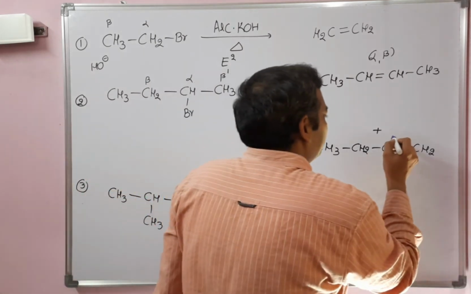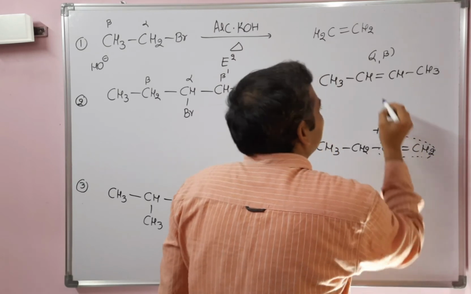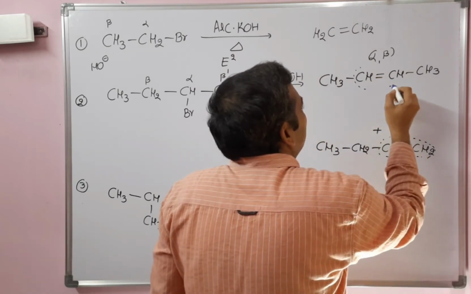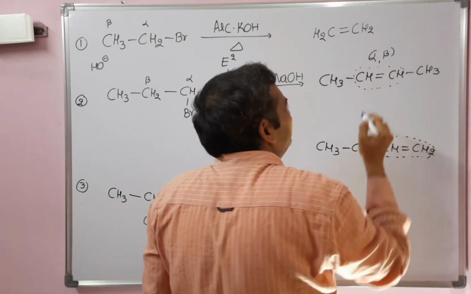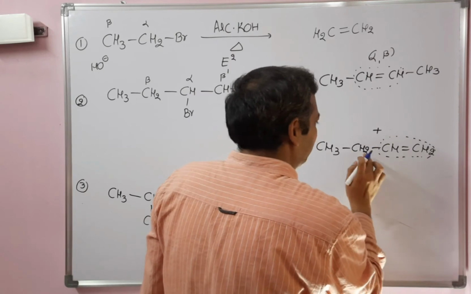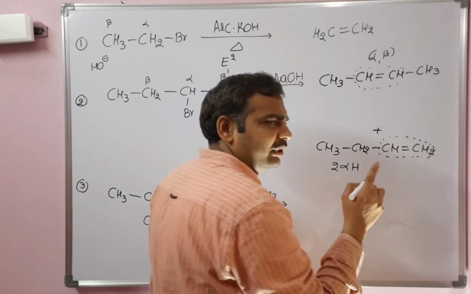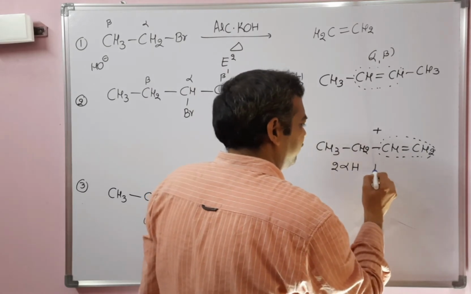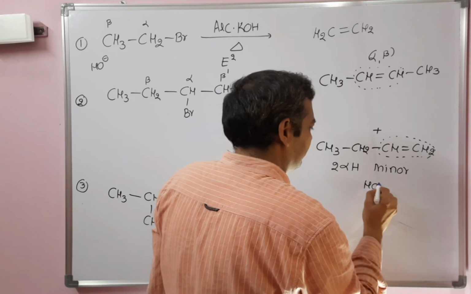On this double bond, only one substitution is there. On the other double bond, substitution is there on both sides. The one which is more substituted means more stable, according to Saytzeff rule. Here only 2 alpha hydrogens are there, so 2 hyperconjugated structures are possible. Definitely this is the minor product and this is the major product.